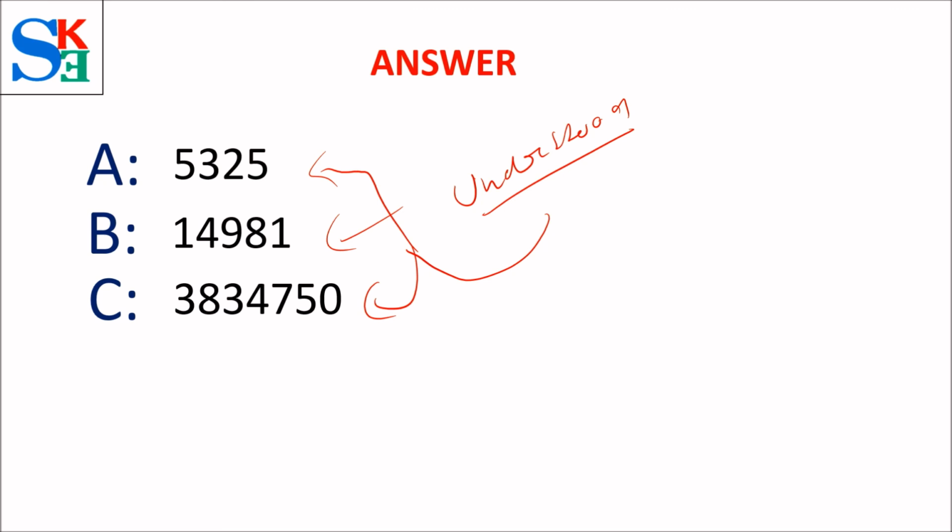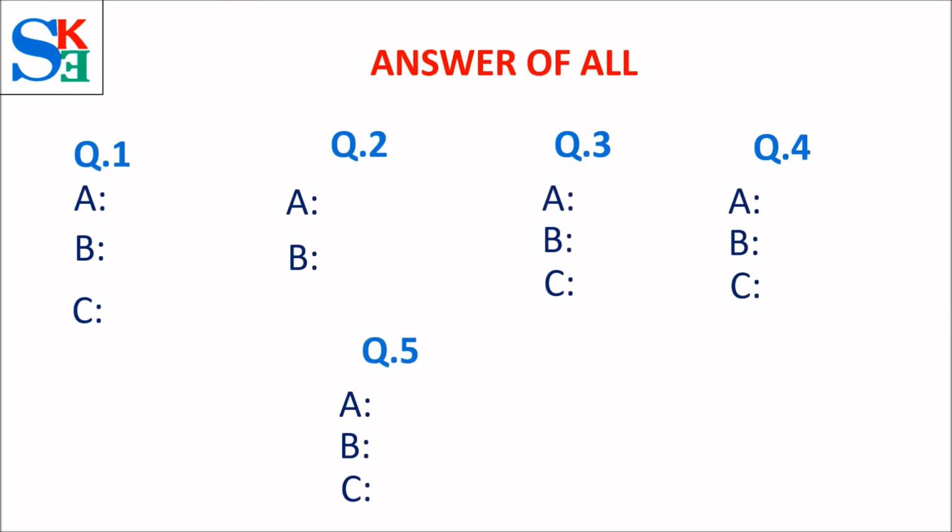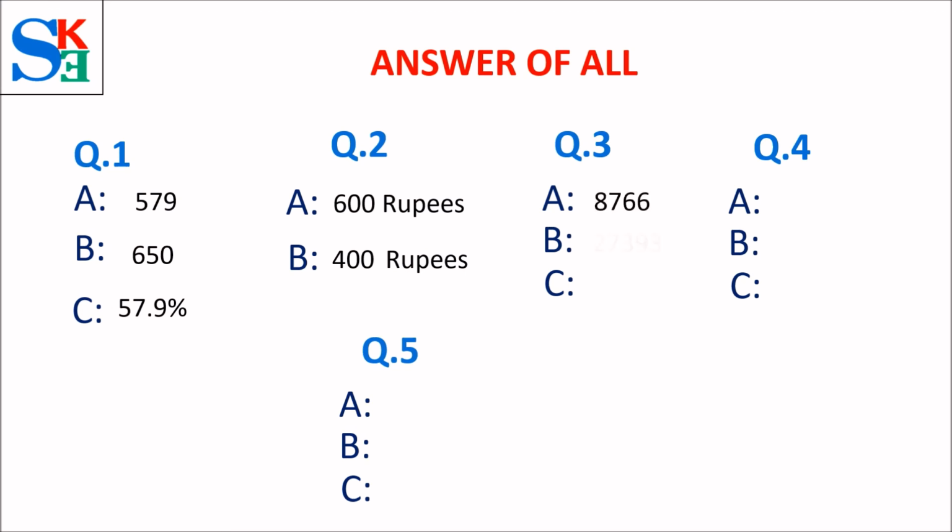Okay, so now that we've done everything, let's look at the answers of every single one of them. Question 1: A, 579, B, 650, C, 57.9. Question 2: A, 600 rupees, B, 400 rupees. Question 3: A, 8766, B, 27393, and C, 1188. Question 4: A, 41780, B, 16000, and C, 2089000.